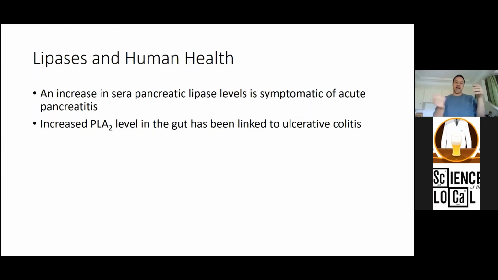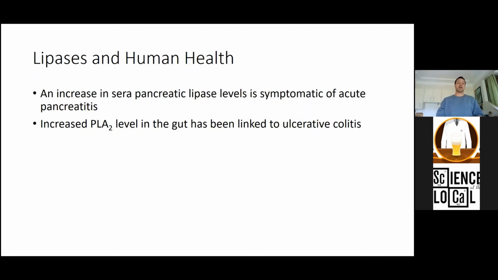And we can use that as a sensor for lipase activity. And that can become important with diseases such as acute pancreatitis, which is an inflammation of the pancreas. And when that happens, the cells start releasing too much of these enzymes and they get into the bloodstream. And if we take some blood of someone suffering from acute pancreatitis, we can say, oh, look, there's a lot of lipase activity. It's acute pancreatitis, quick, get them to hospital. And they do need to go to hospital because it's quite a serious condition.